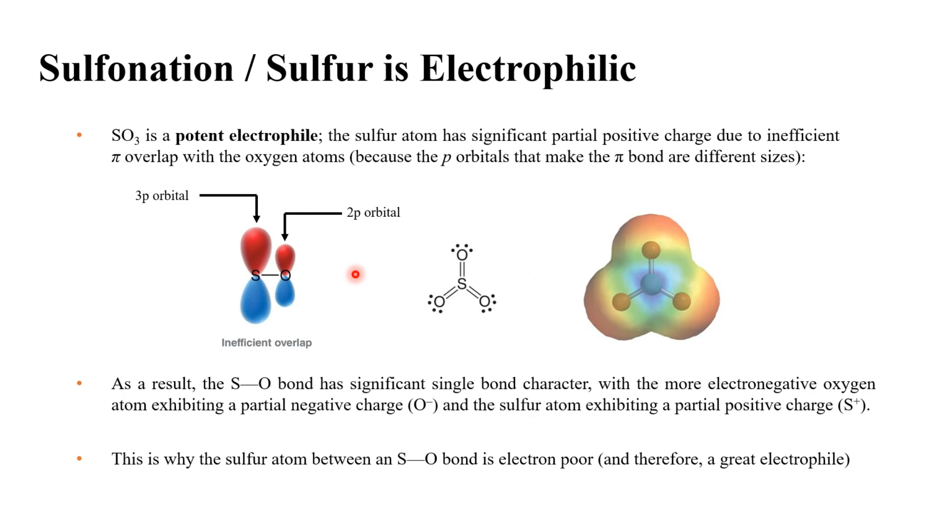So this is just enhancing our explanation of why sulfur is so electrophilic. And you guys know the only way a benzene is going to react with an electrophile is if the electrophile is really electrophilic, so electrophilic that the benzene aromatic ring has no choice but to react with such a potent, strong electrophile. A regular electrophile is just not going to cut it.